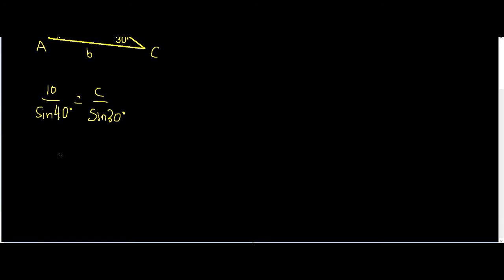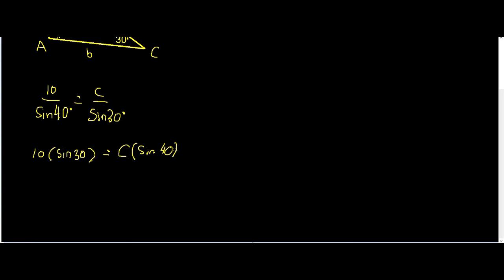Cross multiply. You have 10 times sine 30 is equal now to C times sine 40.